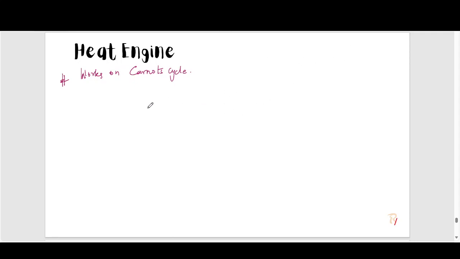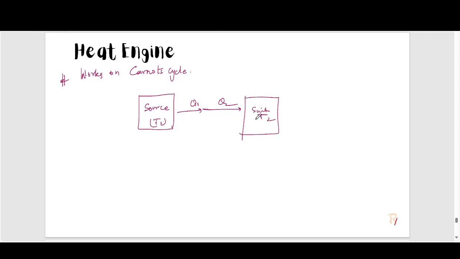Let us say source as T1, and let me take sink as T2.